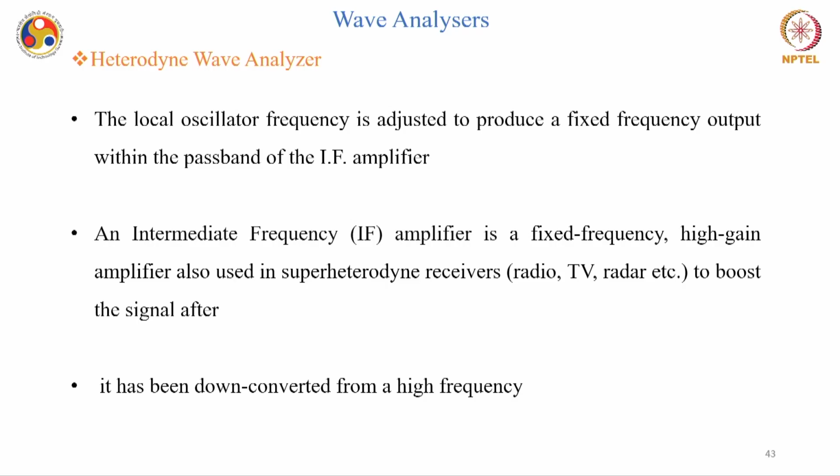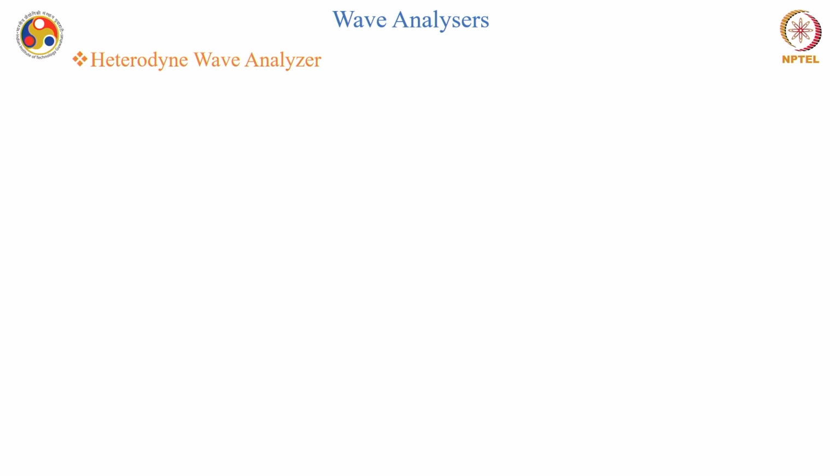An intermediate frequency amplifier is a fixed frequency high gain amplifier, also used for other heterodyne applications like superheterodyne receivers in radio, TV, radars, etc., to boost the signal after it has been down converted from a high frequency.